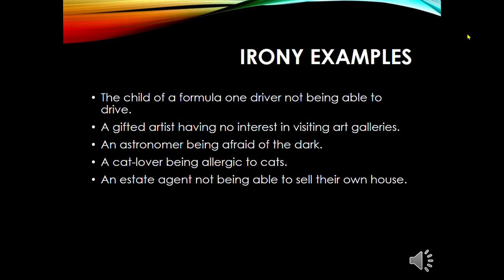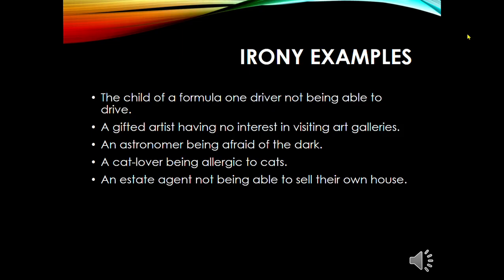These are the examples that reflect irony. First example is a story about the child of a Formula One driver not being able to drive. So it is ironic, the father is very expert, but the child doesn't know how to drive.